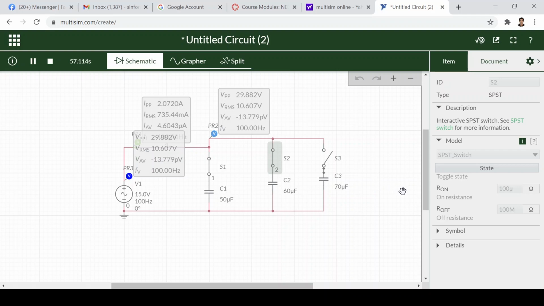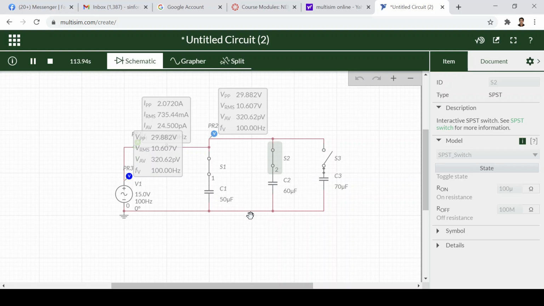Now for the calculation of the total capacitance, for capacitors in parallel, we simply add the values of the capacitance connected in parallel to get the total capacitance. While if capacitors are connected in series, we apply a formula similar to parallel resistors.